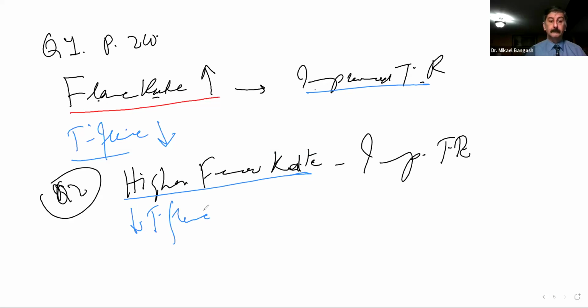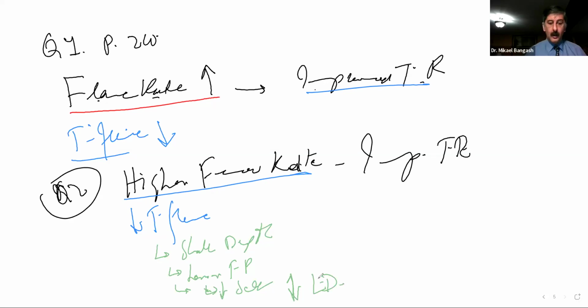Both of these would be consistent with a shallow depth of the image, lesser focal points, a smaller sector size, and, sorry, a lower line density.